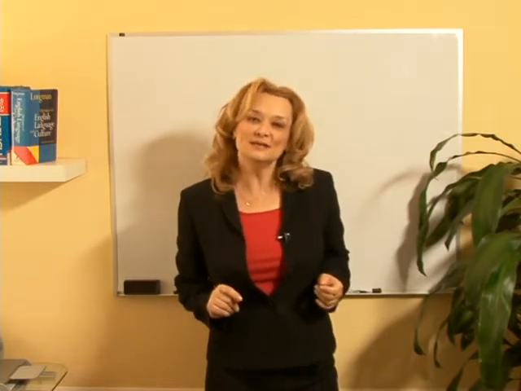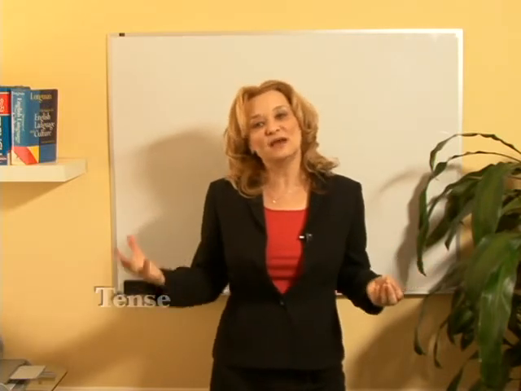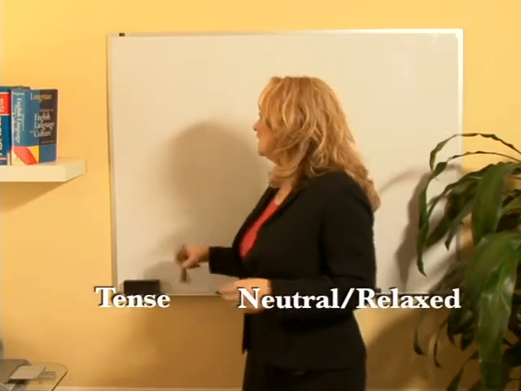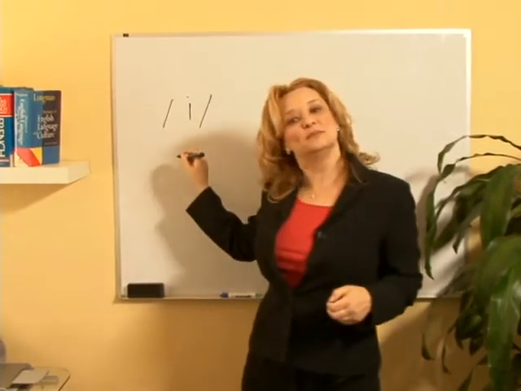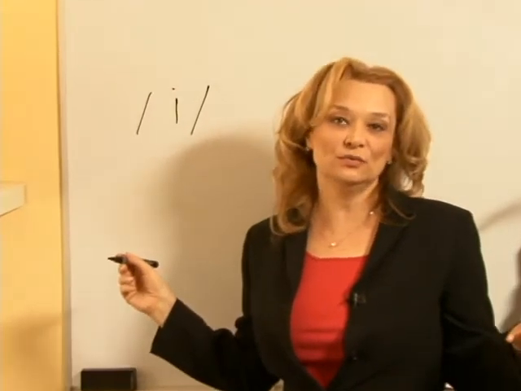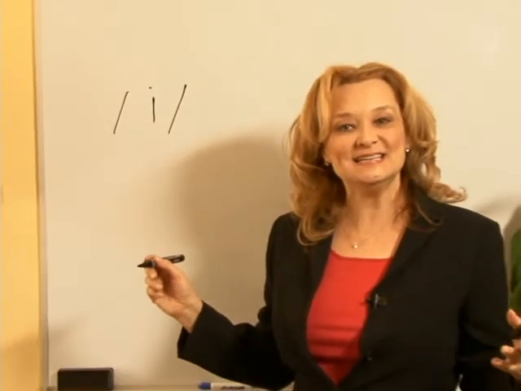The most important thing that you need to know is that one vowel is tense and the other vowel is neutral or relaxed. And the phonetic symbols look like this. This symbol represents the E, as in words like please, steal, me, see.